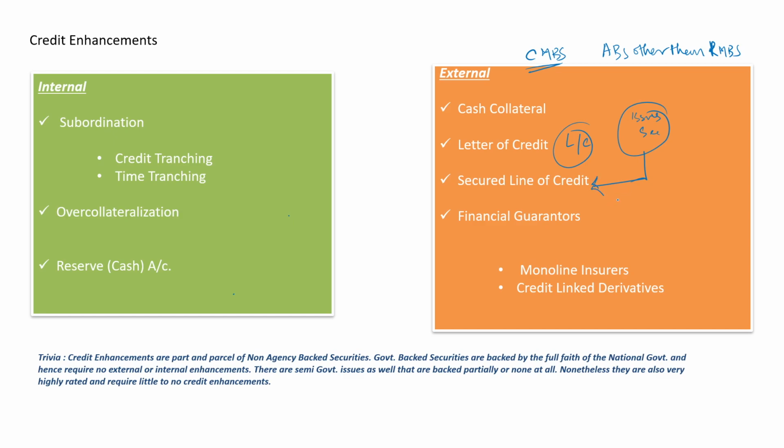So why is this required? Again, if there is a default or delinquency, the secured line of credit could immediately act as a conduit and ready reserve to meet the imminent cash flow demand. Similar is the arrangement with the letter of credit as well.